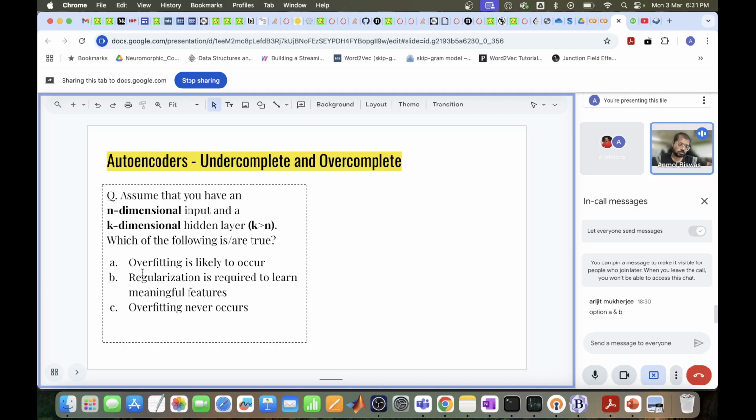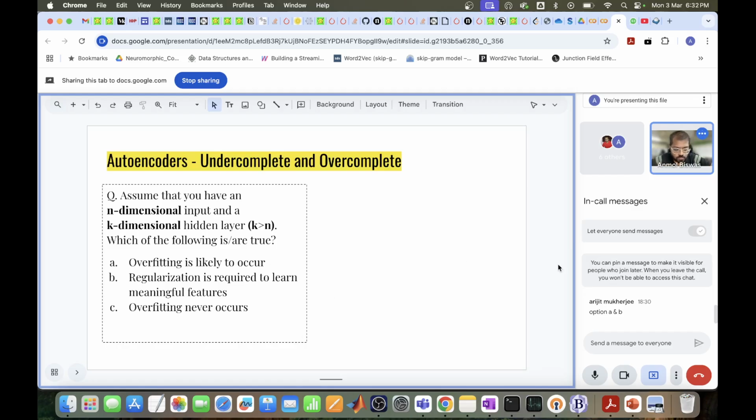It's a broad umbrella term for methods and approaches that help you deal with the overfitting problem. So the crux of the argument is that overfitting is likely to occur where you have an overcomplete autoencoder. If you prove this part, then the remaining option B follows from it, right?